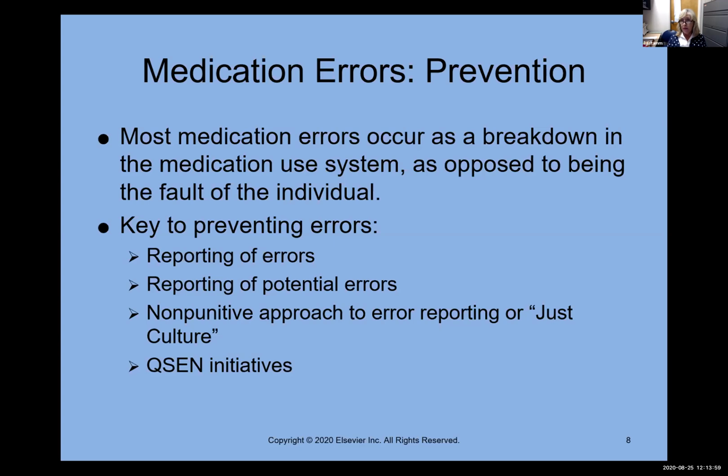We learn best by making mistakes, don't we? When I've made the mistake, I don't forget that I have made that mistake. I try very hard never to make that mistake again. So we learn by errors. So it's important in our institution that they have a record of those errors so that they can learn what's breaking down in the system.